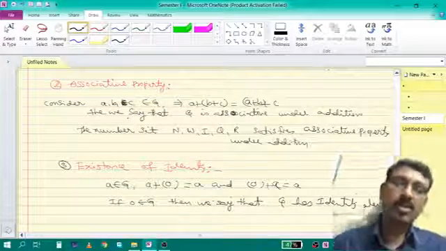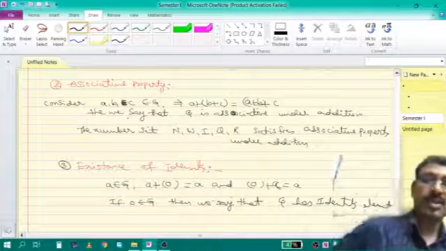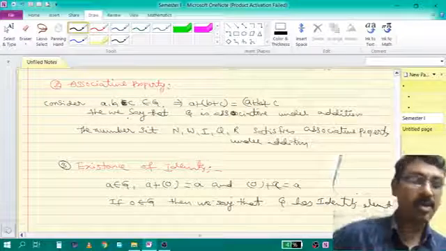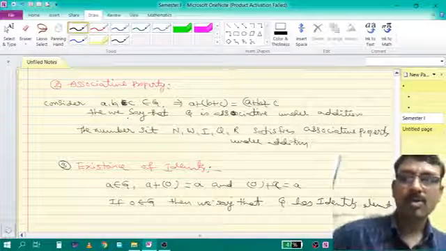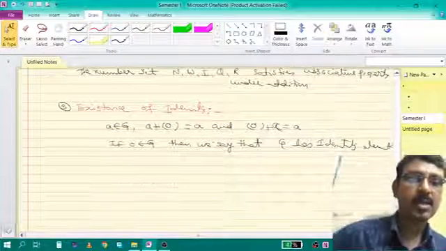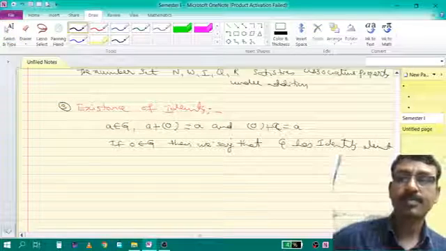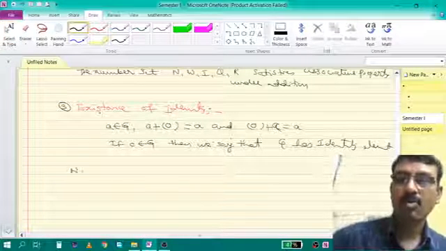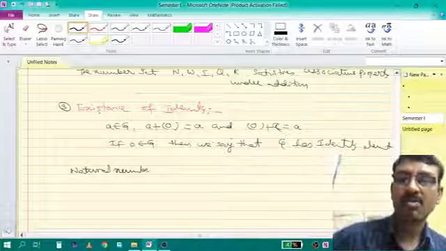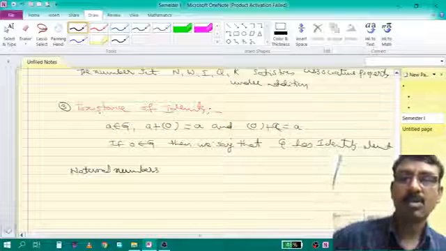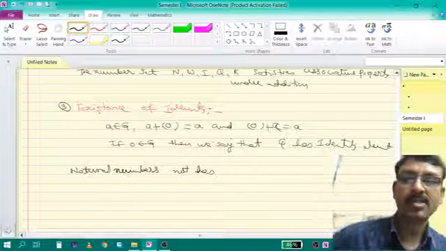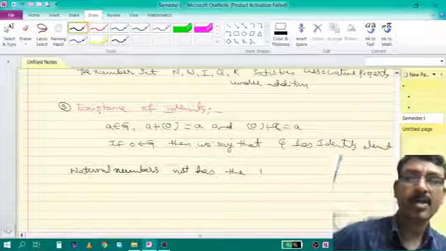If G does not have the 0 element, then we say that the property of existence of identity fails. So if we consider natural numbers, the natural number set does not have the 0, the identity.